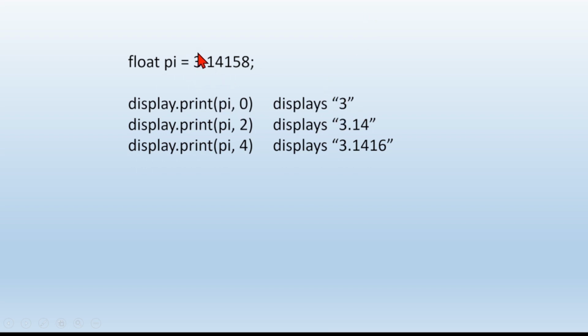If it's got 2 there, it'll display 2 decimal places. And if it's got a 4, it'll display 4. But you'll notice it rounds the 5/8 up to a 6. So now we can display not only text, but numeric values.